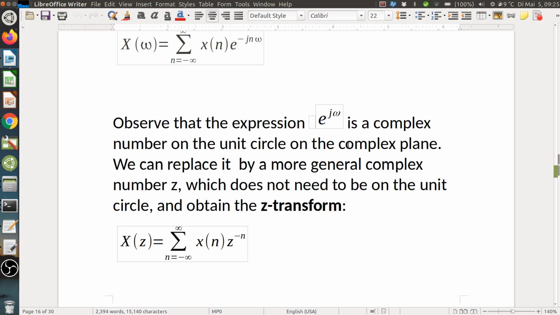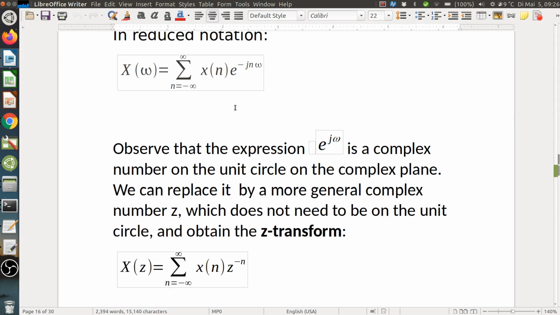Right? So very practical. So that also means we can replace this e to the j omega by a more general complex number z, which does not need to be on the unit circle, and this way we obtain the Z transform. So compare it. Here is the DTFT, and here, just replacing e to the j omega by z, we obtain the Z transform.